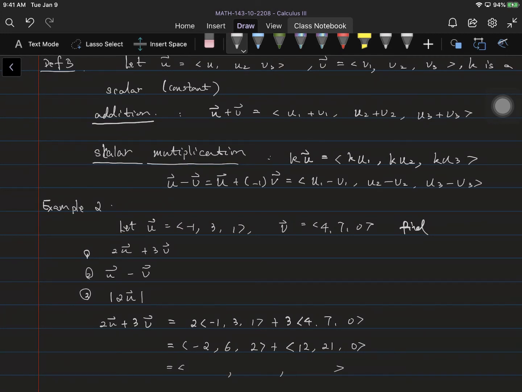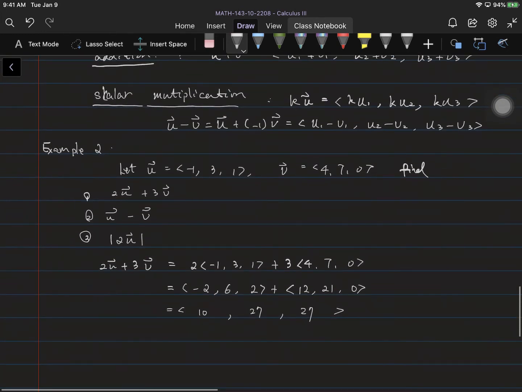So -2 plus 12, 10. 6 add 21, 27, and 27. Okay. Oh, sorry. The last one is 2. 2 add 0, which is 2, not 27. Okay. I saw the bracket is 7, so it should be 2. This one is 2.